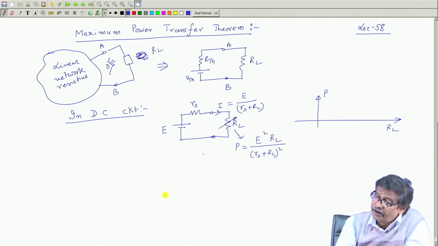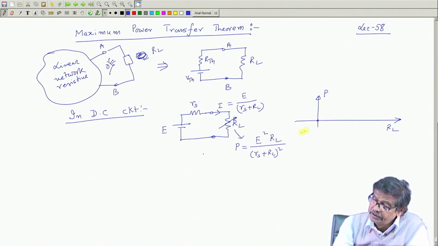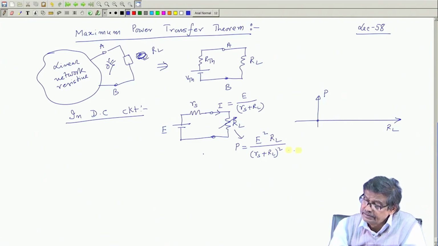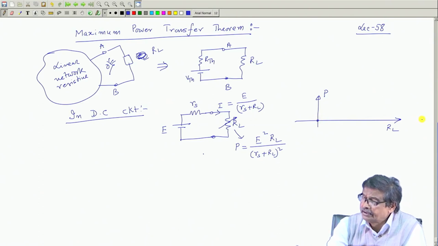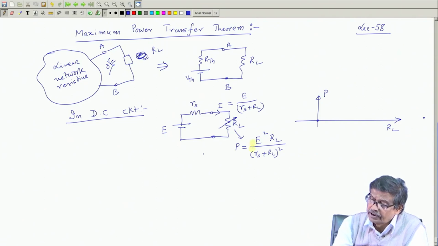What I am telling, if RL is 0, then power is 0. If RL is infinitely large, it is RL by RL square, so then also power will be 0, and it is a smooth curve as a function of RL. Therefore, I must expect, power was 0 here, at RL infinity also it was 0, but for finite values of RL it gives you a positive number.